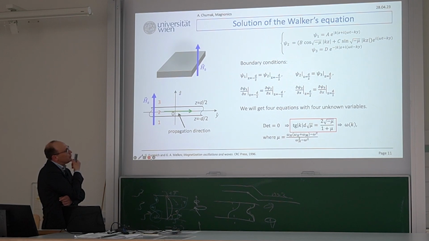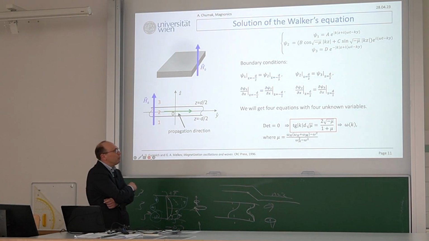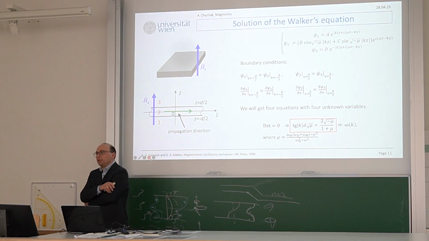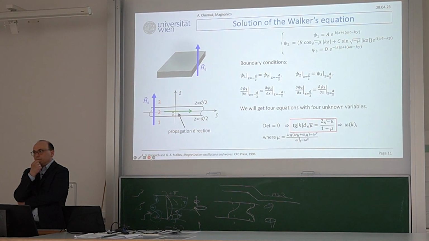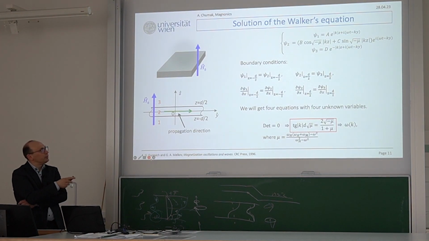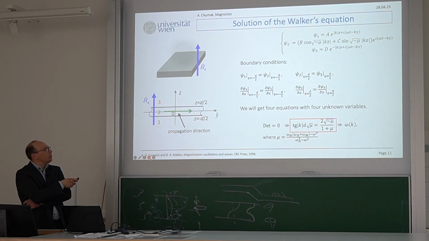My answer would be, maybe mu is a tensor, so it should depend on all parameters, all three coordinates. I would say that it should be in the mu, but let me double check and we'll discuss next time to make sure. Then the question again is about k in the exponent, the wave vector.